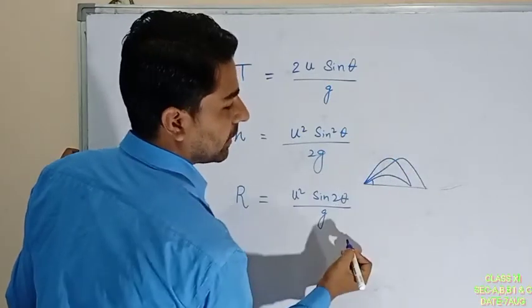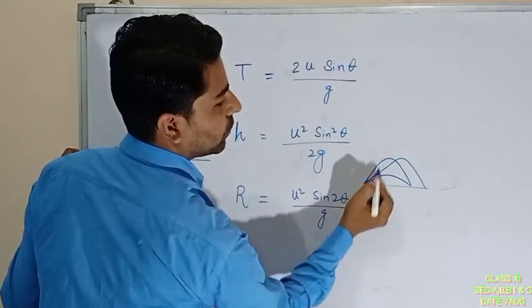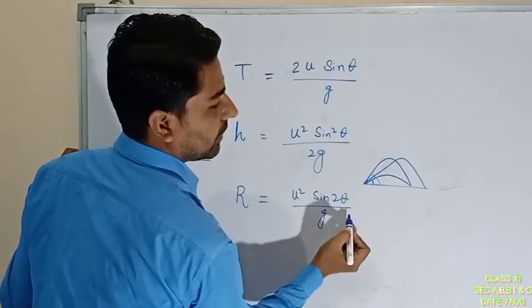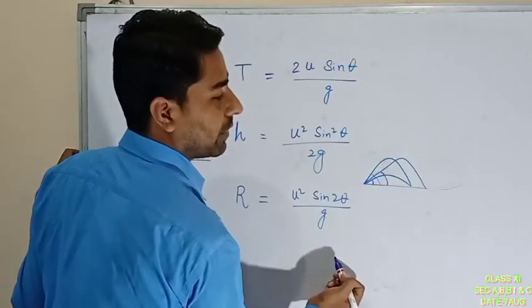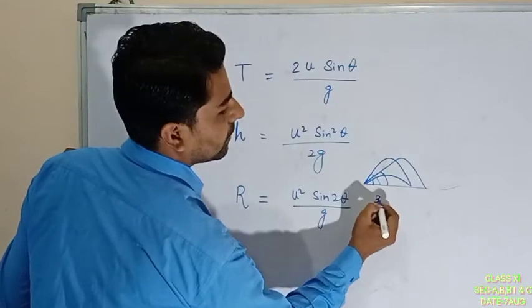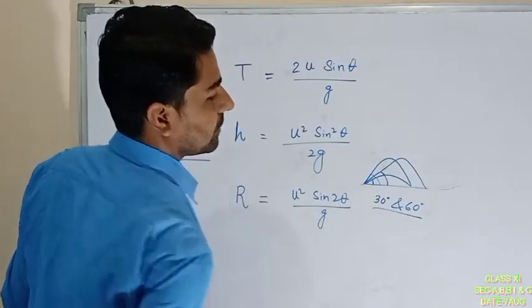The smaller one is at 30 degree, the one going highest is at 60 degree, and the one in the middle is at 45 degree. You can see that at 30 degree and at 60 degree the range is the same.